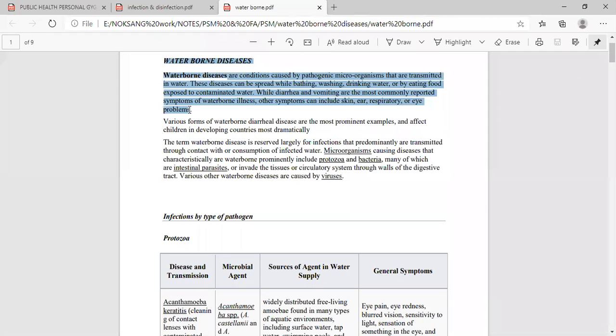For waterborne diseases, just the first paragraph, you can take the picture or else you can write it down. These two paragraphs are not required.